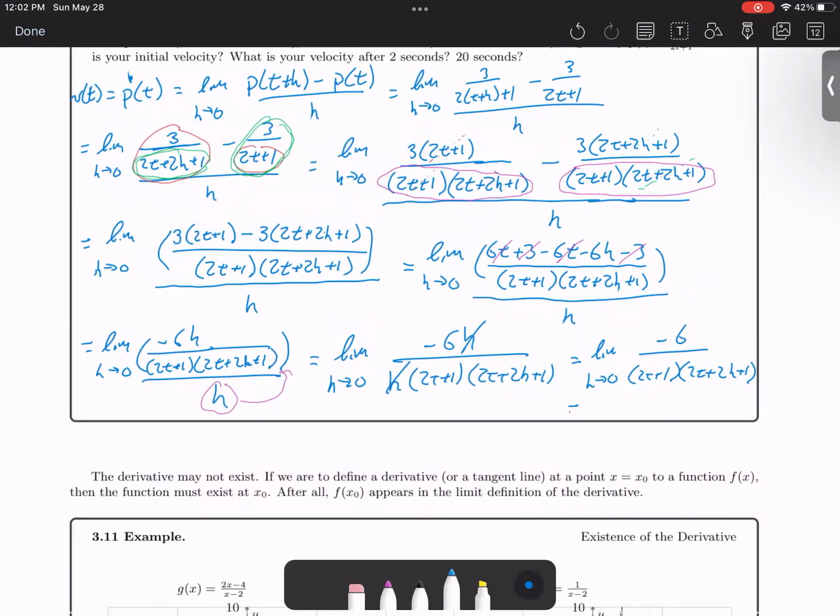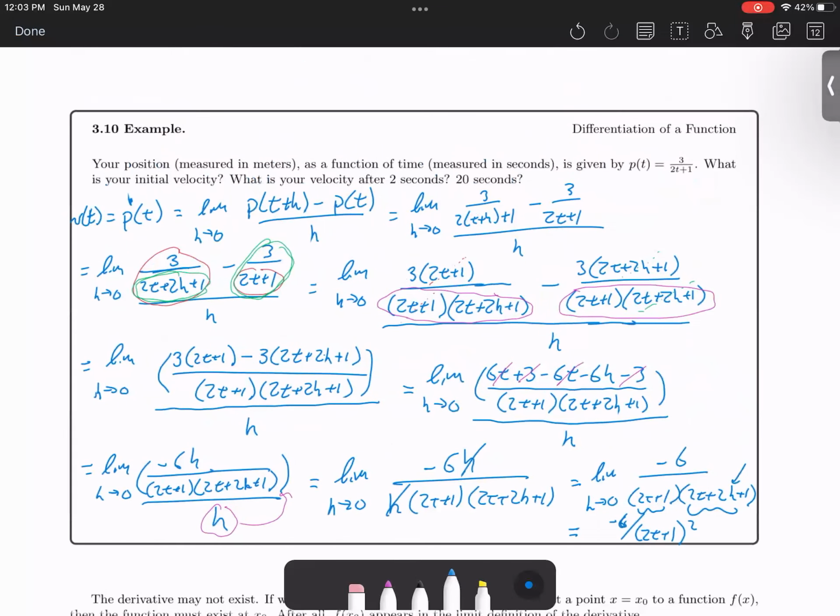And now that we've gotten rid of our problem, right, we performed that cancellation, let's try direct substitution now. If you send h to 0, your numerator is minus 6, and your denominator becomes 2t plus 1, and that factor also becomes 2t plus 1, right? That 2h goes to 0. So you've got 2t plus 1 squared down in your denominator.